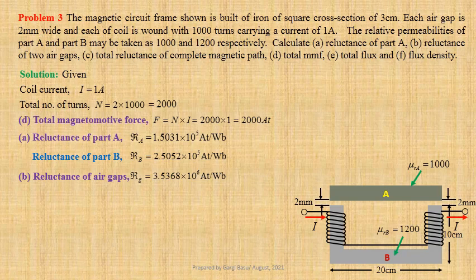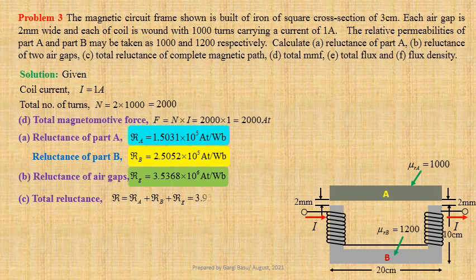Now we shall determine total reluctance. R equals Ra plus Rb plus Rg. Using values we get 3.9376 into 10 to the power 6 ampere turns per Weber.